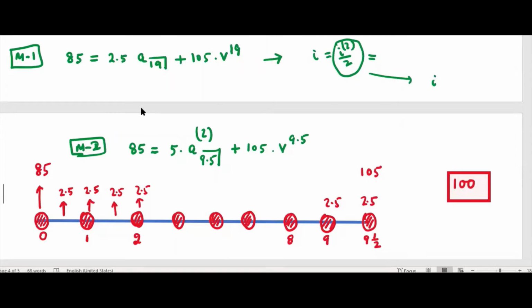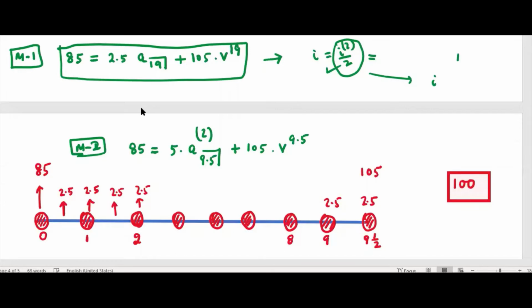From i2 by 2, you can find i using 1 plus i2 by 2 squared is equal to 1 plus i. You have to solve this equation. Then you get i. This is your original i. This is one method.